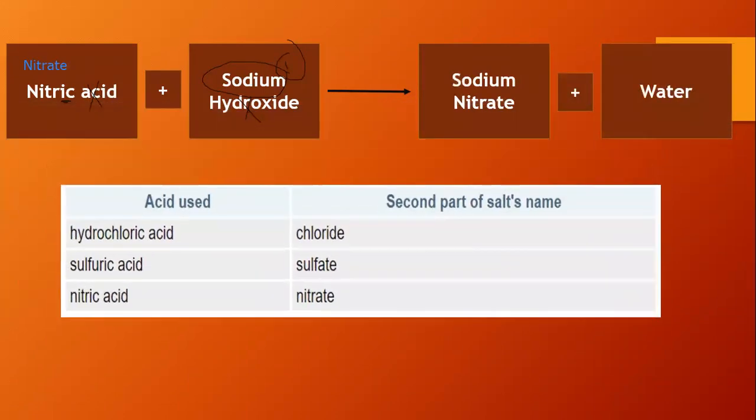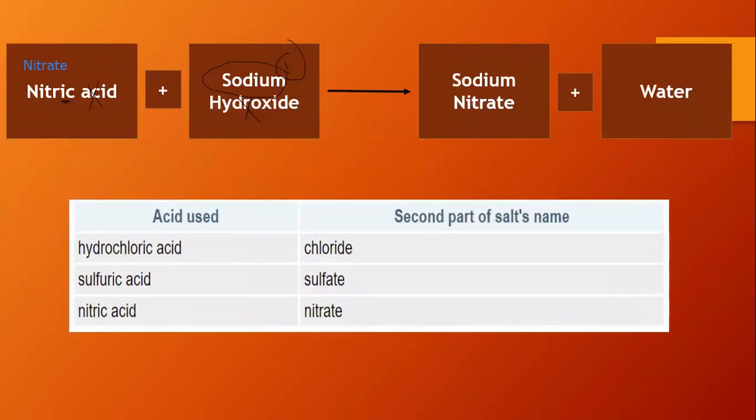Okay, so you have to memorize simply this table in order to find out what will be the acidic name in the salt. The second part of the salt's name is always the acidic part, the part that I brought from the acid. If it's hydrochloric acid, the second part of the salt name will be chloride.